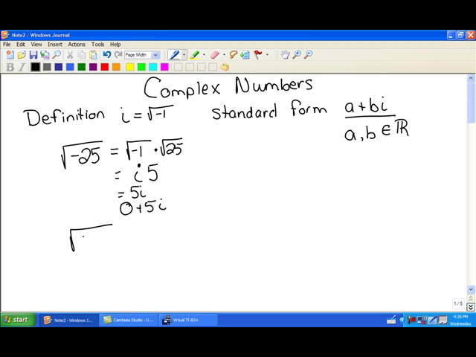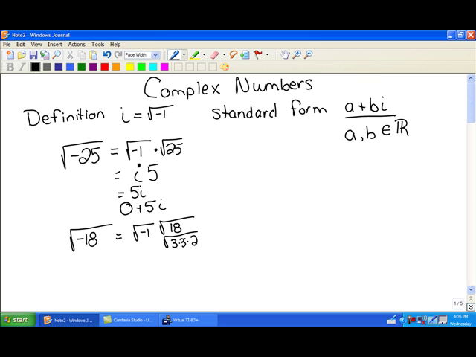We can look at something like the square root of -18. If we were going to try to clean that up, the first thing we're going to do is break that square root of -1 away. Then we'd have times the square root of 18. Well, 18, if we break it down into its prime factors, is 9, or 3 times 3, times 2.